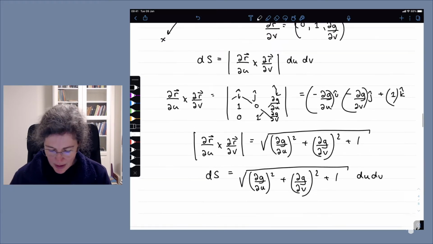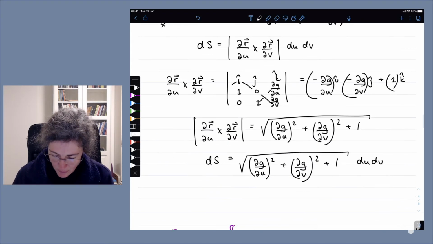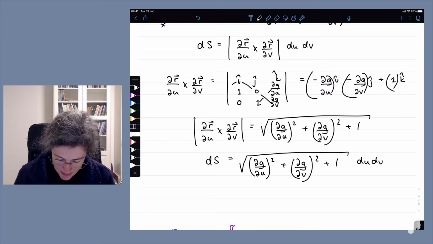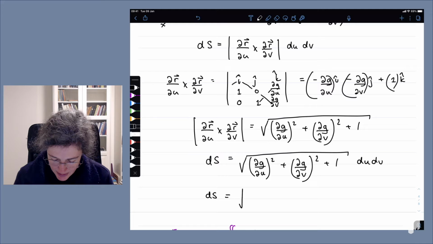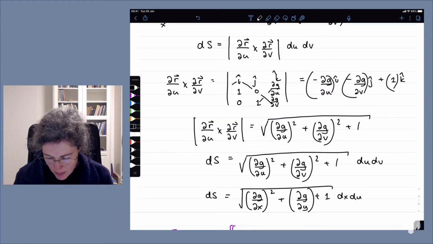But if you go back and remember up here, x is equal to u and y is equal to v. So in fact, what this is really telling me is that if I'm parameterized in this way, I can just find my area element by taking dg by dx, dg by dy, and having dx dy.